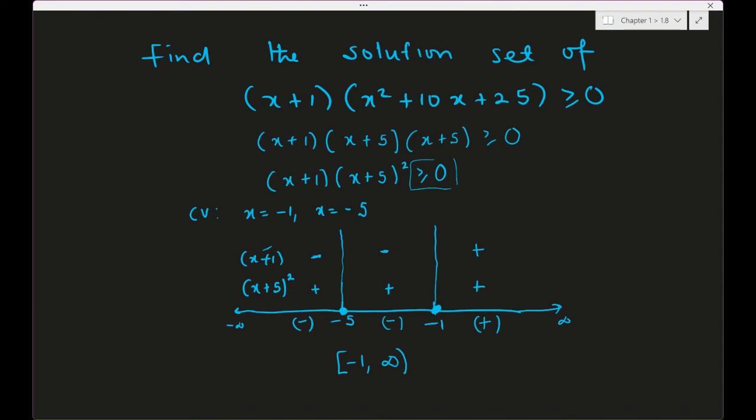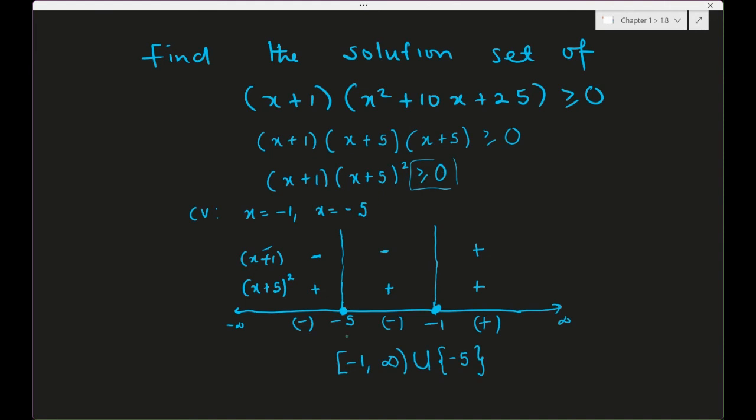Look at this minus 5. This minus 5 is closed here. This is similar to one of my earlier videos. Since this is minus 5, it is closed at minus 5, then we have to union. We have to include that singleton minus 5, because at minus 5, you're going to get equal to 0.